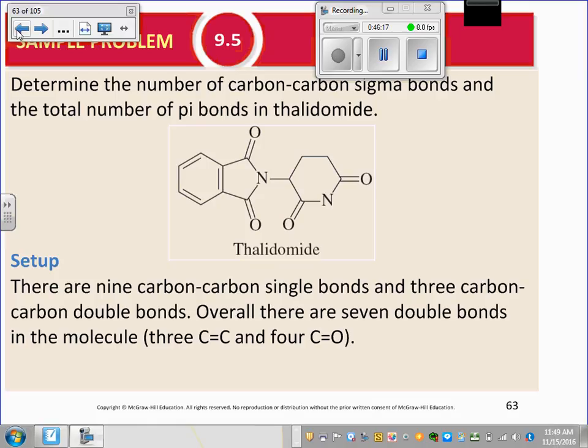So every double bond also contains a pi bond plus a sigma. So if there's 3 carbon-carbon double bonds, we have 3 more carbon-carbon sigma for a total of 12 carbon-carbon sigma bonds. But there's a total of 7 pi bonds.